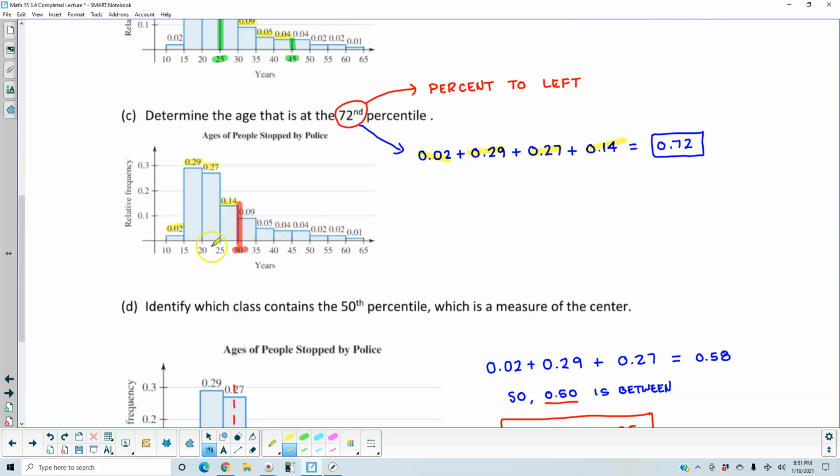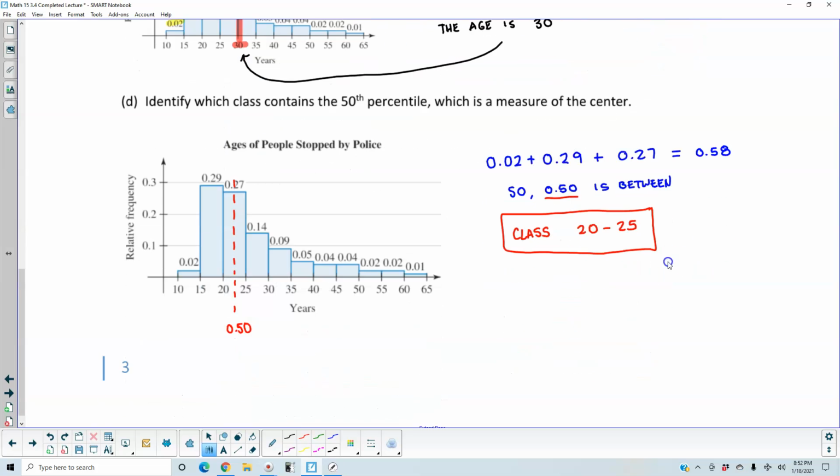So that represents everything between 10 and 30, okay, and is going to represent the value of the 72nd percentile. So the age that is at the 72nd percentile is 30. And again, you can see that it lands at 30 at 72%.